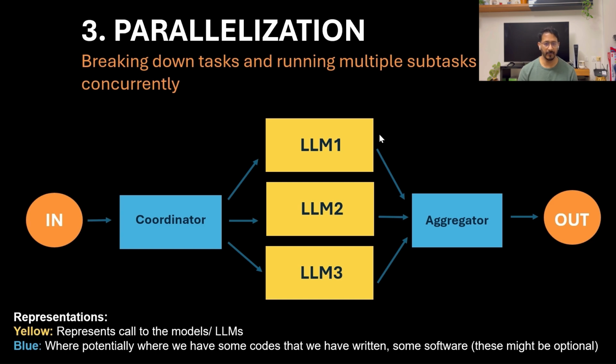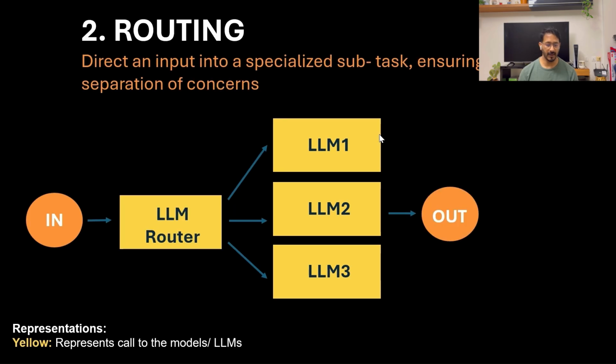Now, if we go to routing from our previous video, part 1, you would see routing is very similar, but there an LLM is routing to each of the specialized LLMs for the specific task.